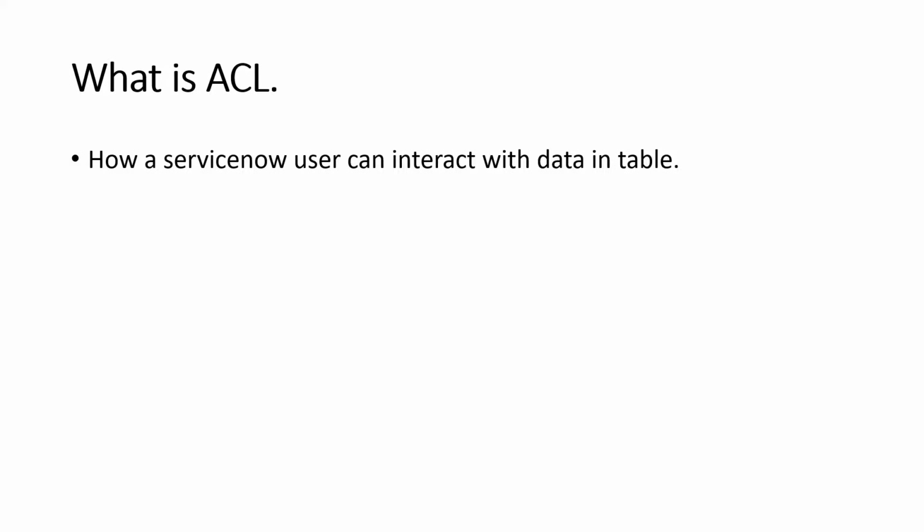I've shown you in my last video what the different roles are and how you can apply roles in a group. By this, the user can interact with the data in the table. For the records that are there, you can determine which records would be visible to the user and what type of access the user would have inside the table, like creating or reading the data, right? We will see all of these things throughout this video.